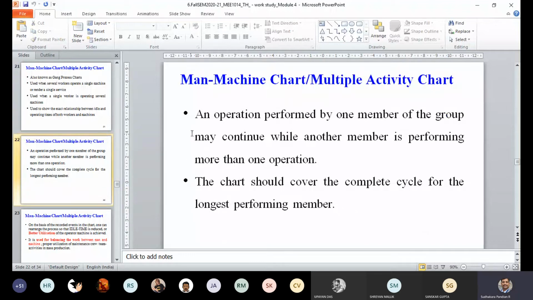There are other points, like an operation performed by one member of the group may continue while another member is performing more than one operation. The chart should cover the complete cycle for the longest performing member. That means the whole product, right from raw material or whatever is given to the laborer, he will finish off as per the part diagram.